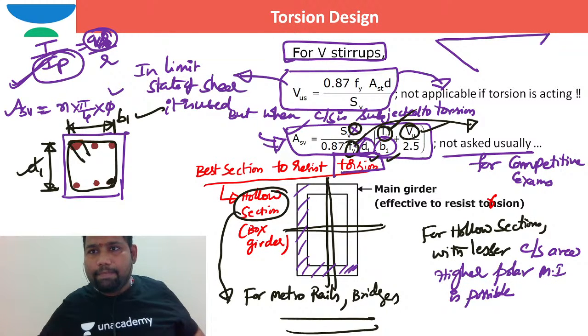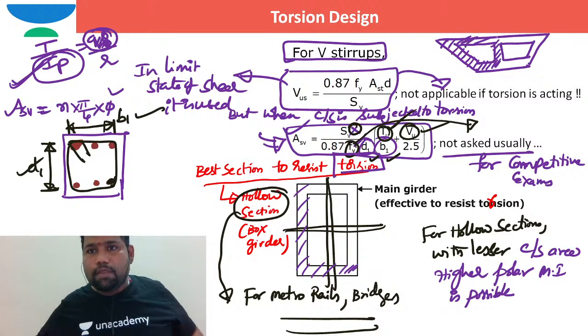Maybe this is also a box girder. This is how you might have seen box girder shapes, especially for metro rails or for bridges.